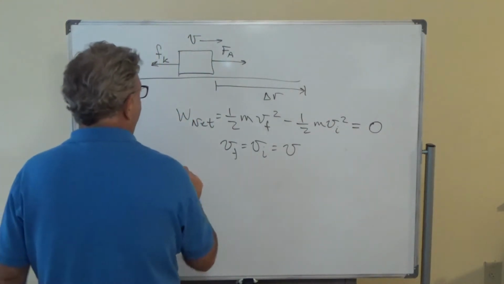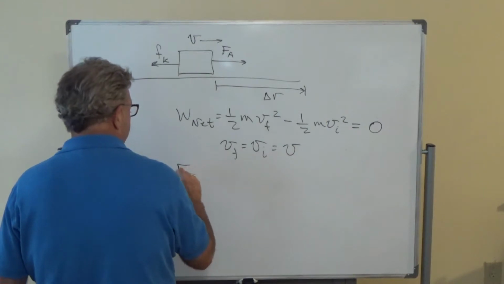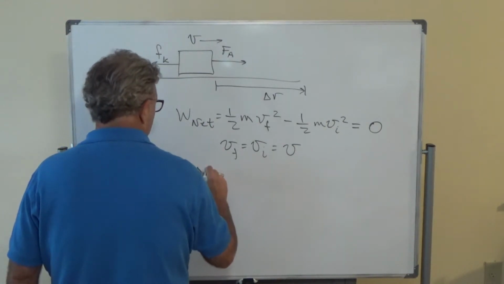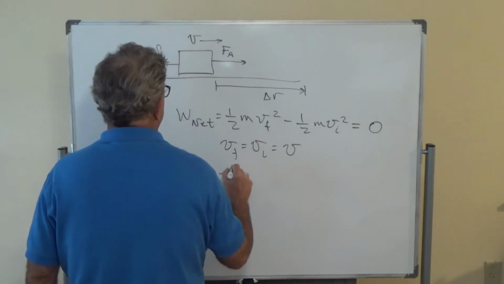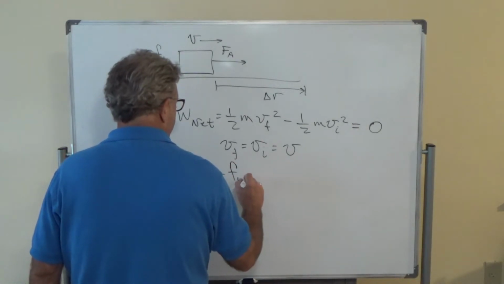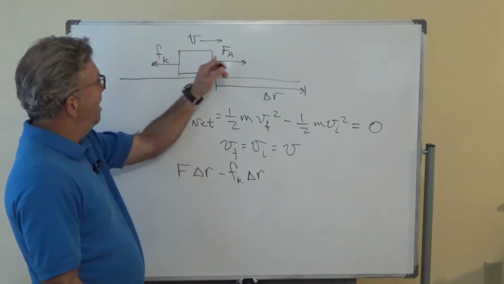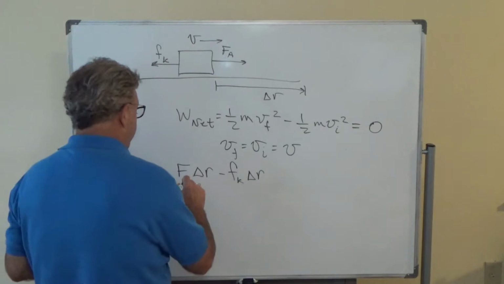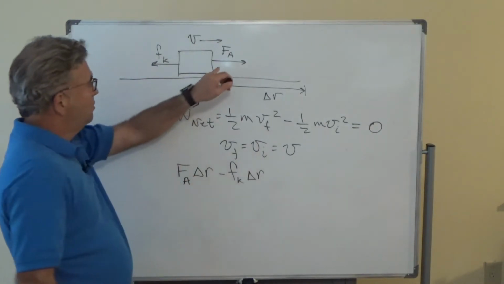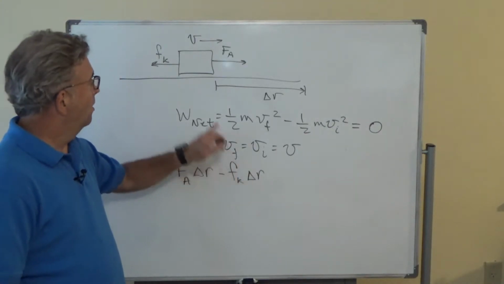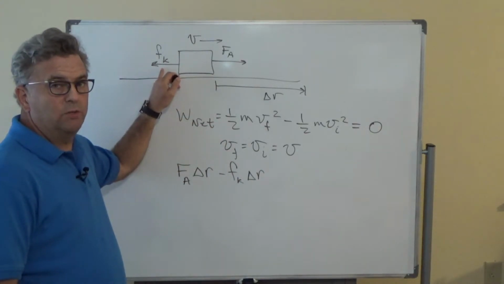That says that, this is one dimension, Fa delta R minus Fk delta R. That's the work done by the applied force, and that's the work done by the friction force.